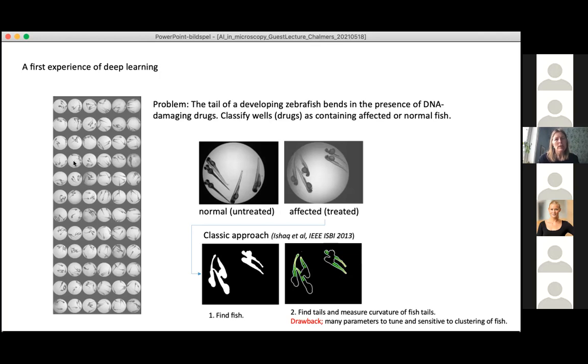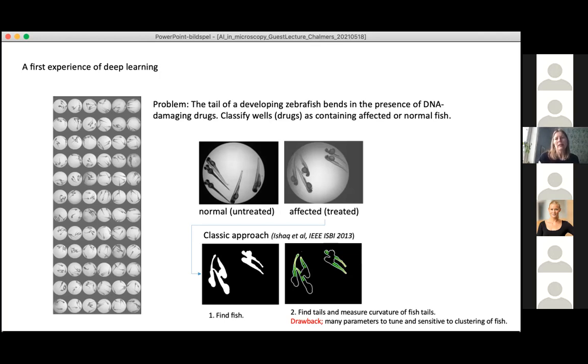What we use them for is to study drugs that may be dangerous for embryo development, and then dangerous for patients that are pregnant. So what we do is add drugs to the wells, and then we want to have an automated way to see if the embryo development is affected.